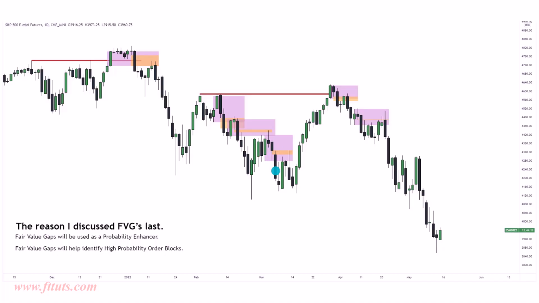A volume imbalance is essentially a fair value gap, but you can just see it instead. So pair this order block with that gap. There's a high probability order block, and you can see that we did have a nice selling day before taking out this low. Up candle with a fair value gap, high probability order block. This the same.